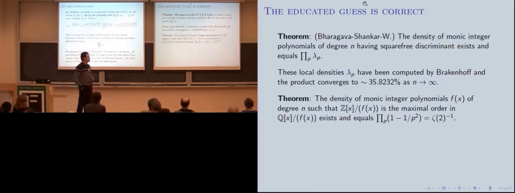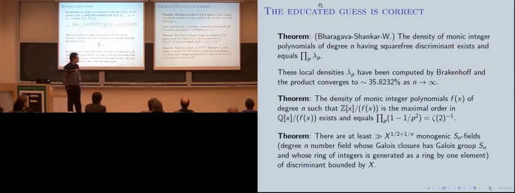Of course, if the discriminant is square-free, then this is immediately maximal, but that's not necessary. And it turns out that this density also exists, and it's 6 over pi squared, the product of 1 minus 1 over p squared. This density was computed by Lenstra.